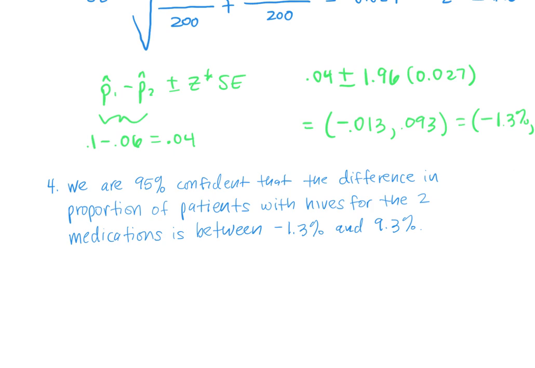That means the confidence interval includes the possibility that medication A has a proportion that is lower than the proportion for medication B. And the upper bound goes all the way up to 9.3, so it is a possibility that medication A is up to 9.3% higher in proportion than medication B.